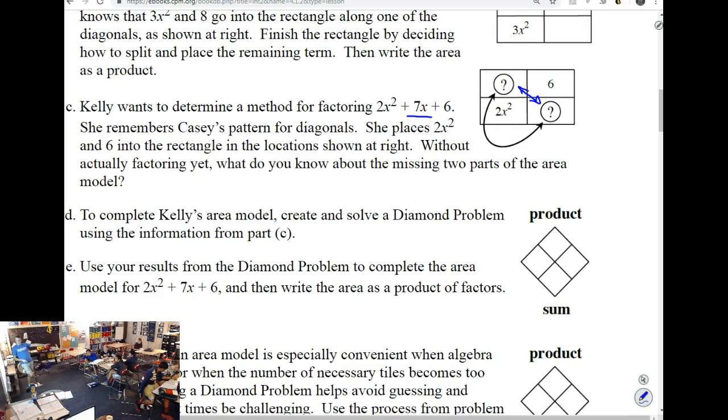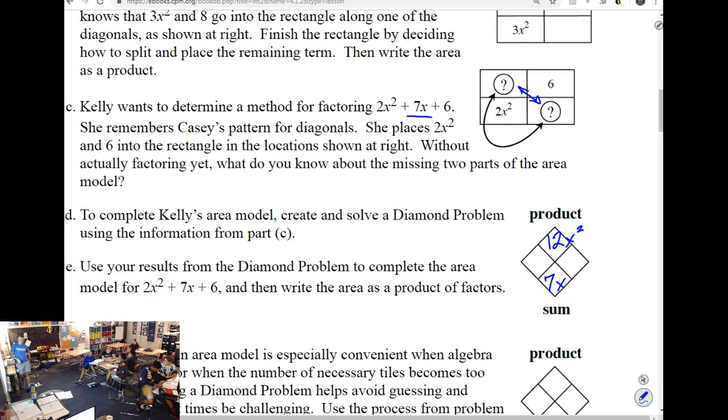So you think you got a method? What do I put in here? How does this relate? Oh! The sum is 7x, and the product is the 6 multiplied by the 2x squared. So the product is 12x squared? Yep.